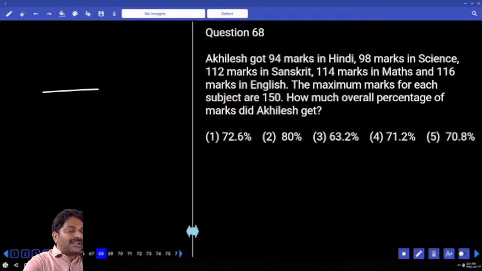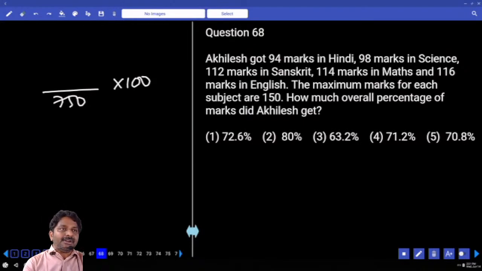In the numerator, what are we supposed to write? Obtained marks. In the denominator, total marks. Percentage, so into 100, right. How many subjects? In each subject, what's the maximum mark? Then total marks are 750 only. 5 times 150.